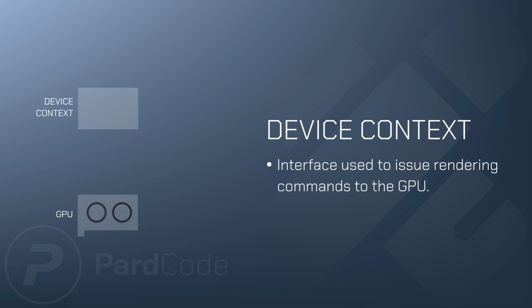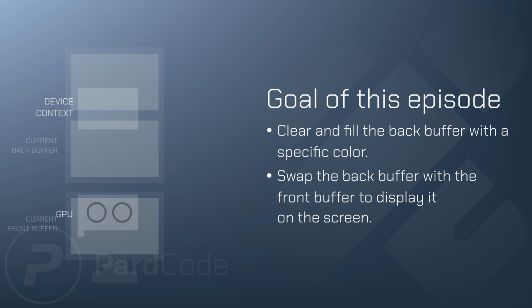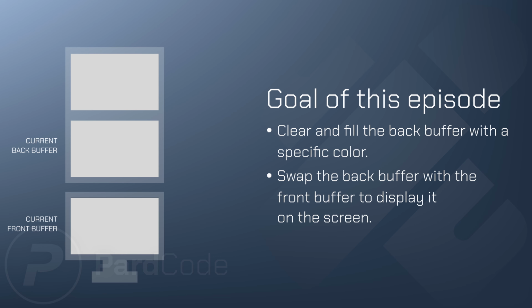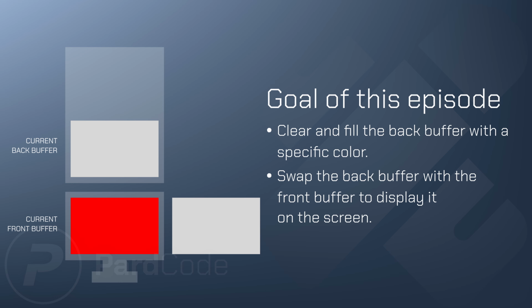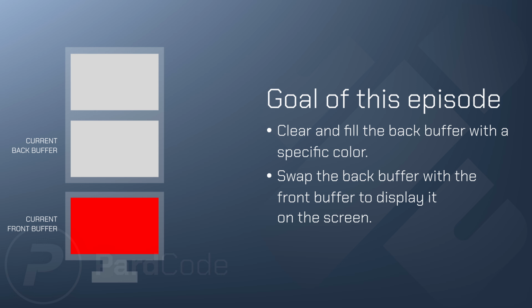Today, we want to create and use the device context to issue a command to the GPU that clears and fills our back buffer with a specific color. Once our back buffer is ready, we can swap it with the front buffer using the swap chain, allowing us to display the final result on the screen.